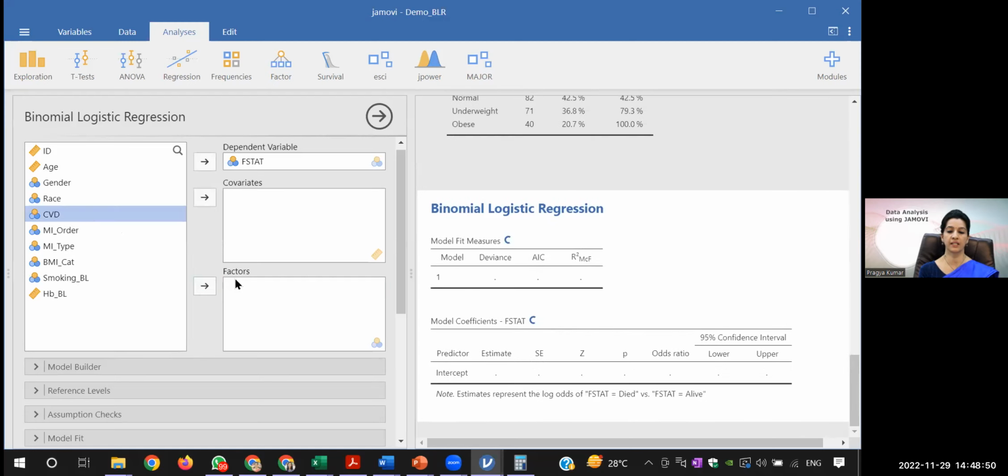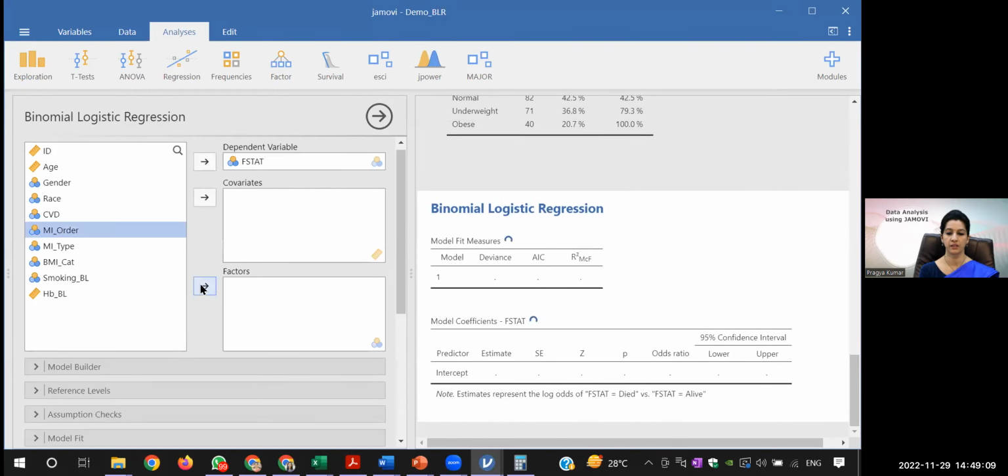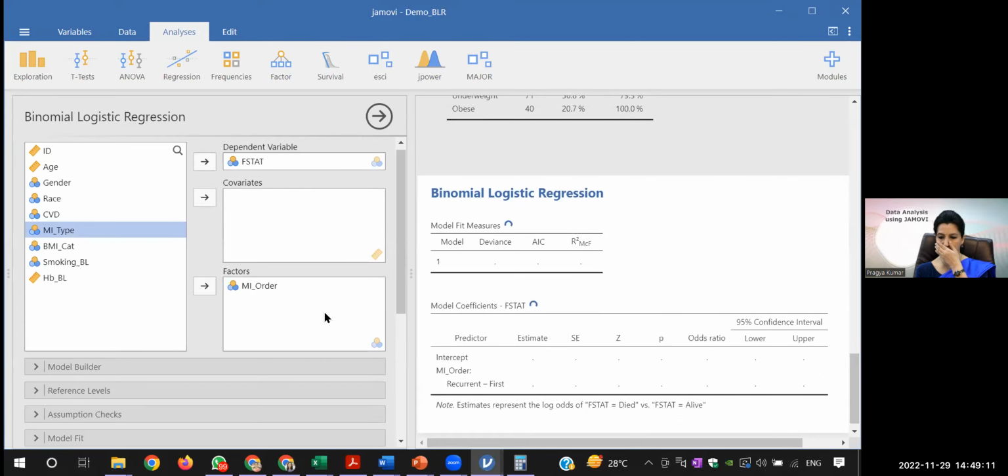Then again, I'll enter CVD. And the p-value of CVD, you see that it is 0.3. So again, you may take a call not to have this. MI order, it is 0.04.